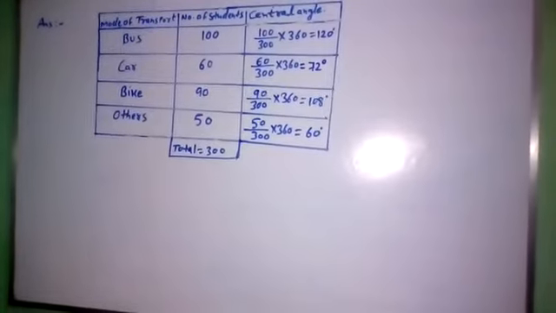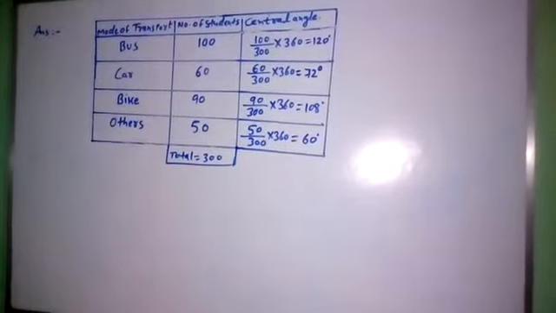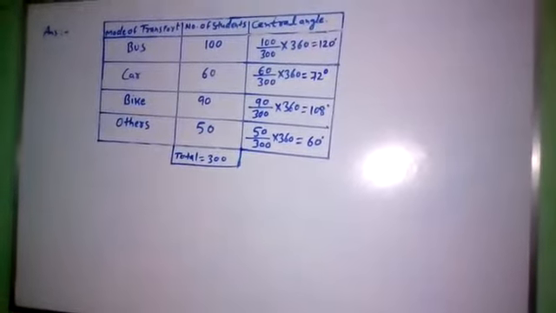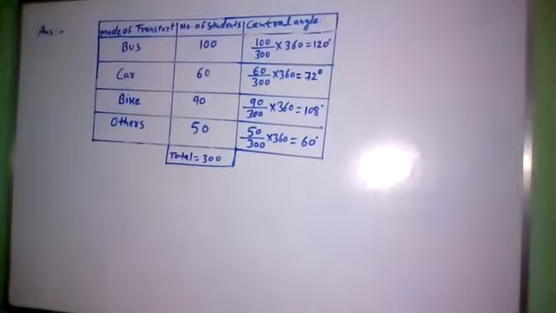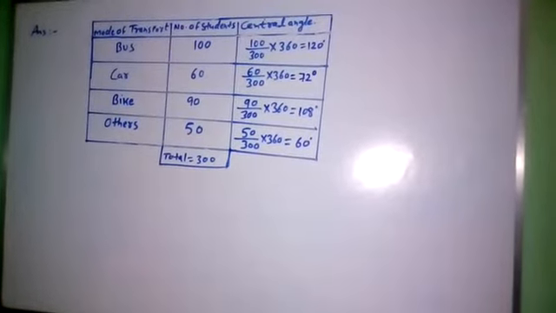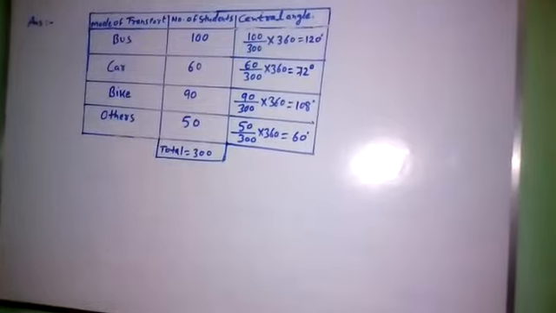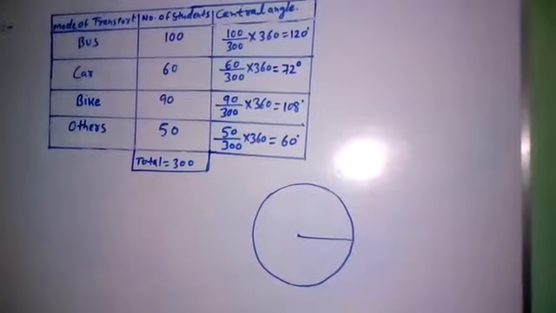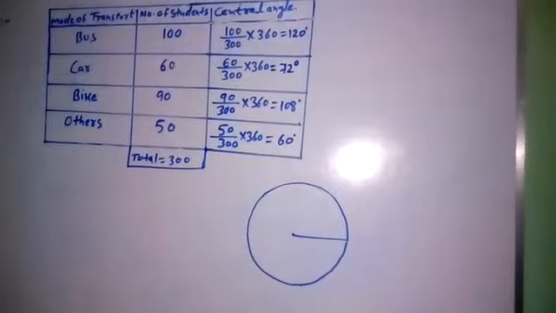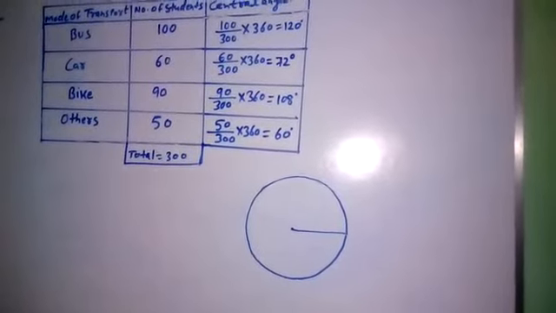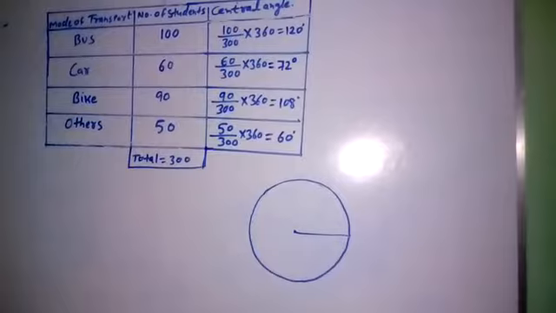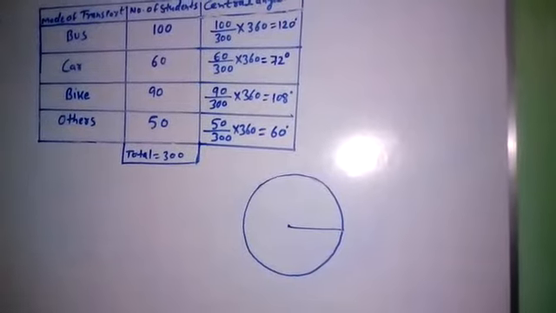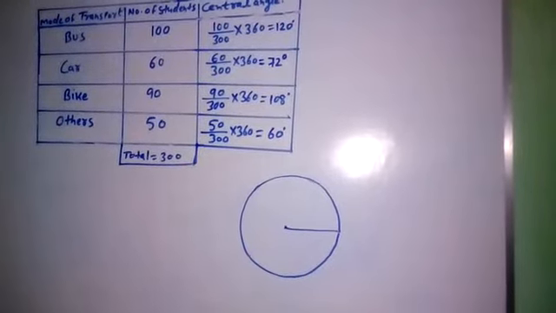Understood? See. First we draw a circle of any radius. This is the circle, and first it is given 120 degrees.